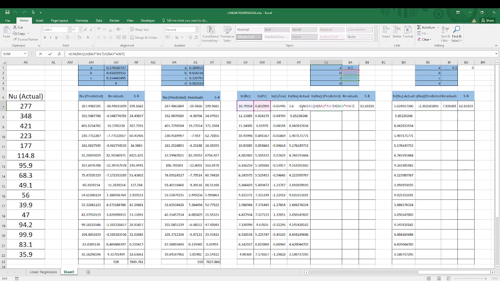Okay. Ito lang ni siyang pang lock, para ma-drag na to. This one, this one, this one, and lastly this one. Okay. So we could drag this.